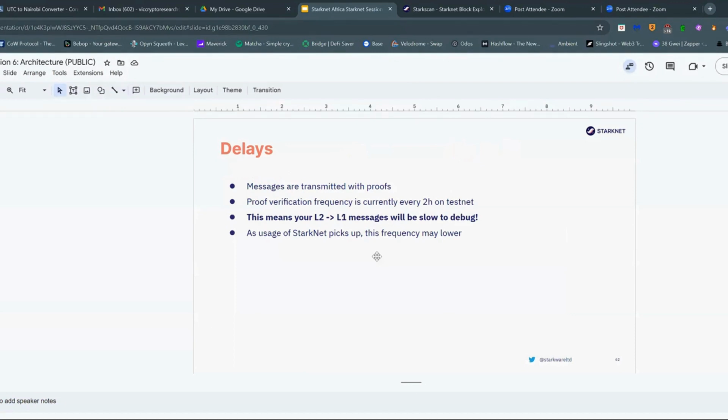Yeah, so messages are transmitted with proofs, the zero knowledge proofs that we mentioned earlier. Proofs are supposed to be sent more frequently on mainnet. I'm not really sure how frequently they are sent on mainnet, but on testnet it takes about every 2 hours.